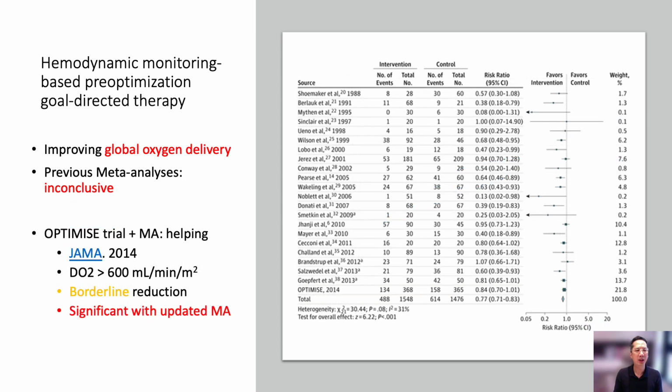Interestingly, in this study, they also conducted another cumulative meta-analysis without trial sequential analysis. They concluded that it might be helpful after adding this larger study to the previous studies, and the meta-analysis indicated a favor to the intervention.